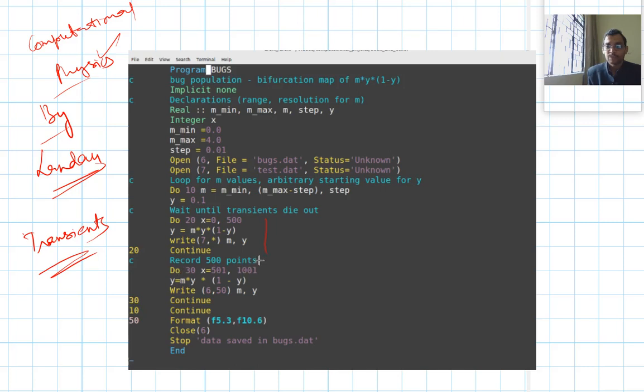I have recorded the points from 501 to 1001, and initially I waited to stabilize the population, so these 500 steps I have ignored. I have also plotted this data, where y is in place of x and m is in place of mu, which is what we are using in this code.